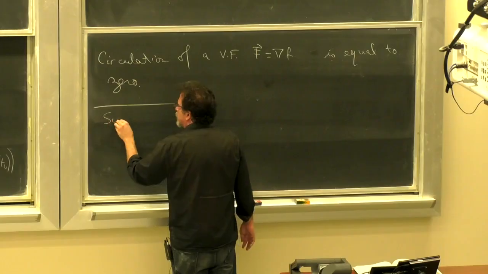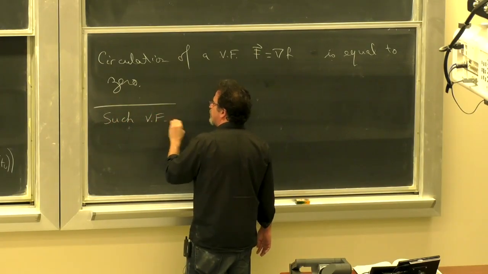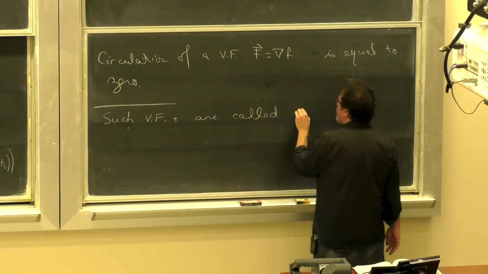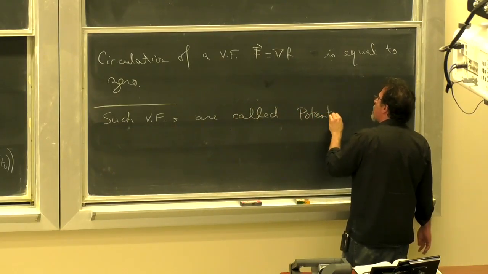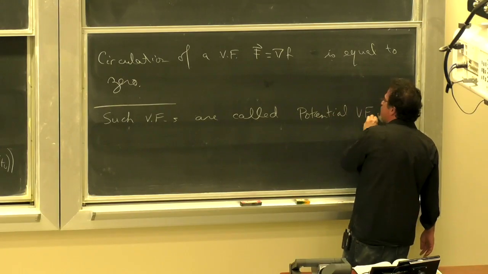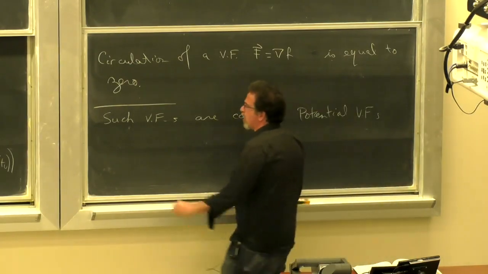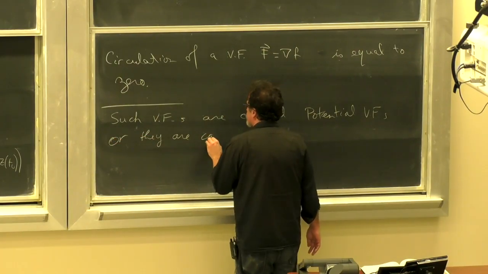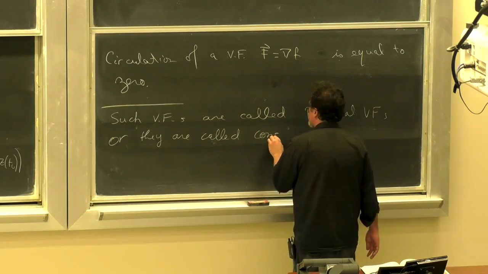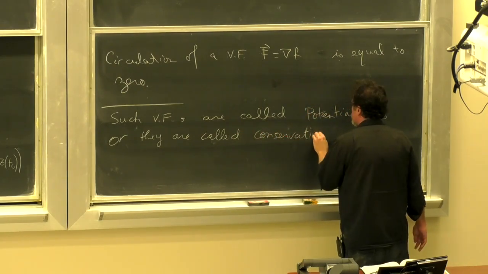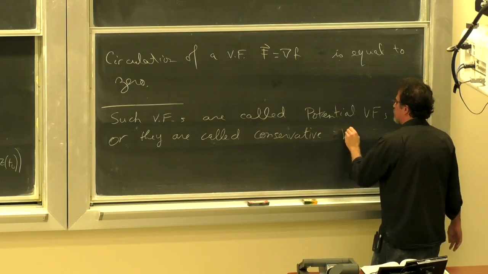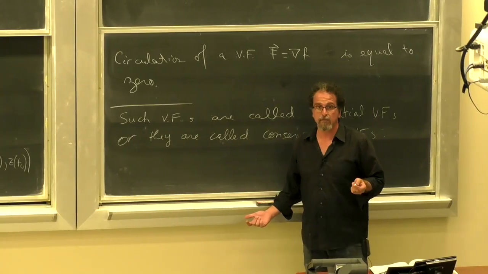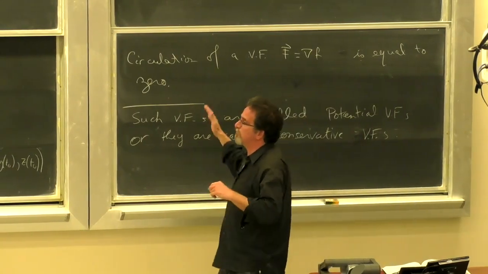So such vector fields are either called potential vector fields, because they arise from a potential, or they're called conservative vector fields because they give rise to conservation of energy. Okay? So that's the structure of this whole thing.